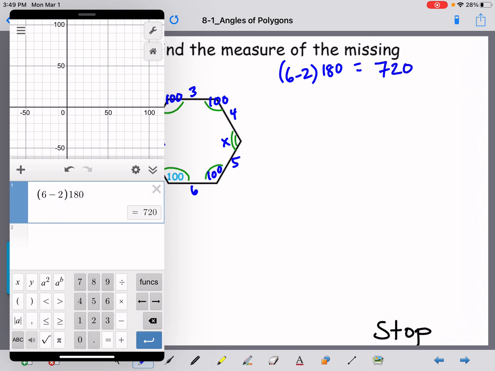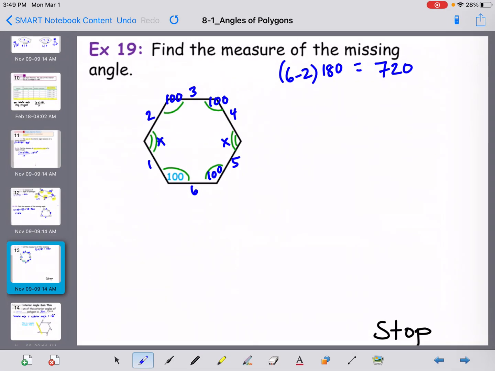So when I add all of these together, let's see here. I'm going to erase these sides because I've counted them and I don't want to confuse myself. So I've got 1, 2, 3, 4. All right, x plus 400 equals 720.